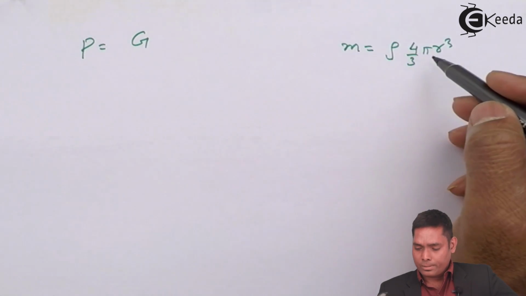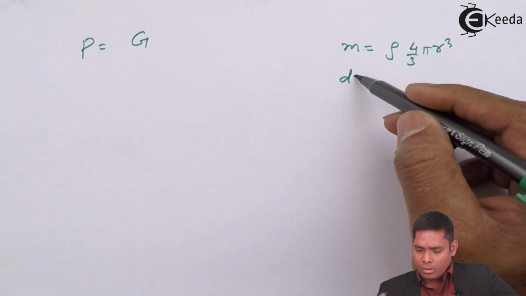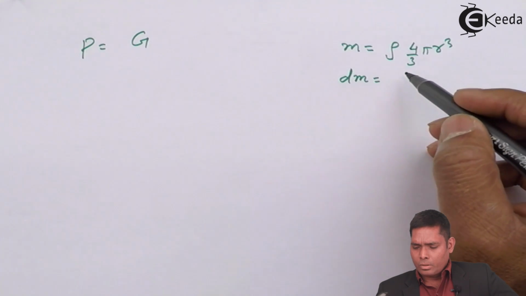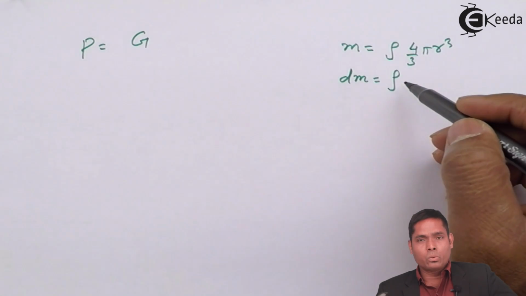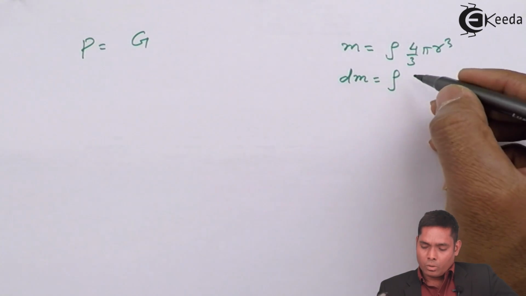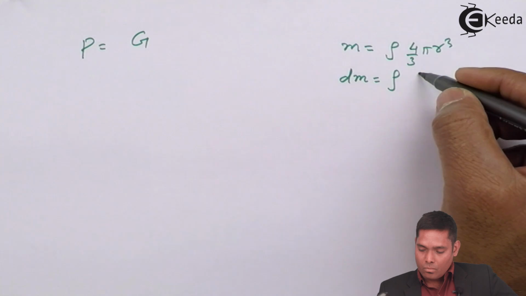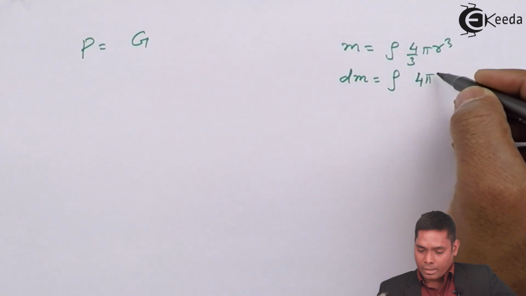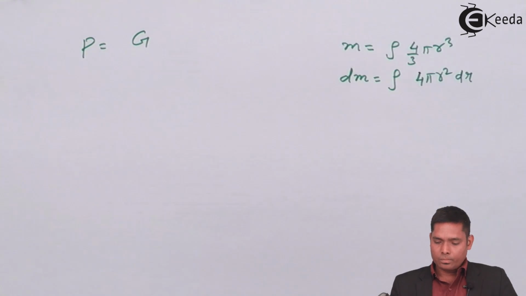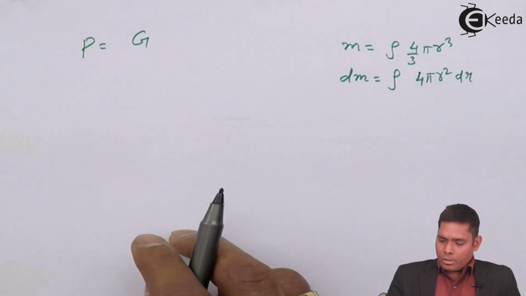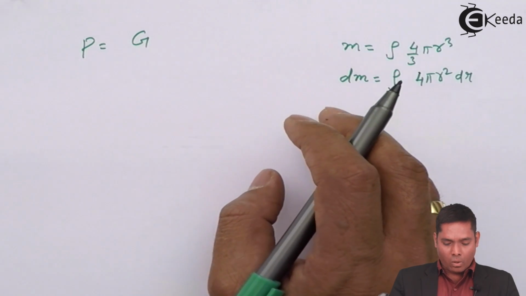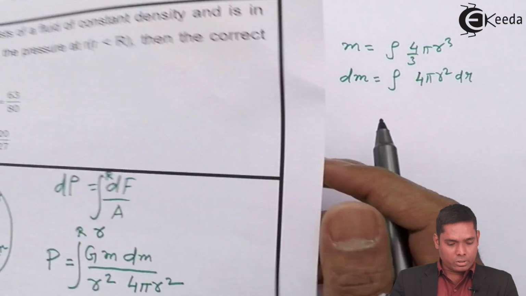And dm can be represented as the density into the volume of the element, which is 4 pi r square dr.